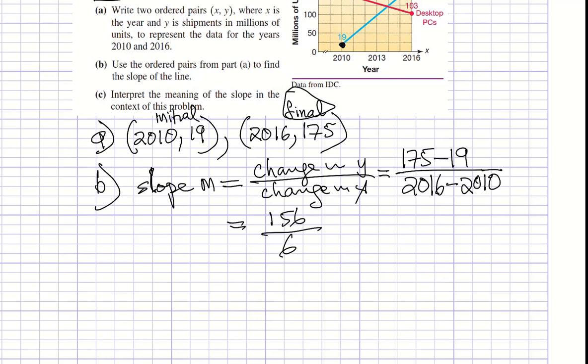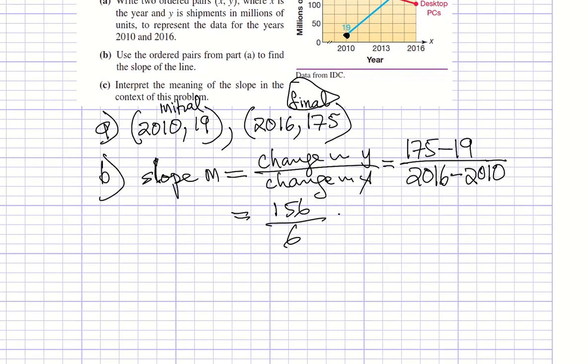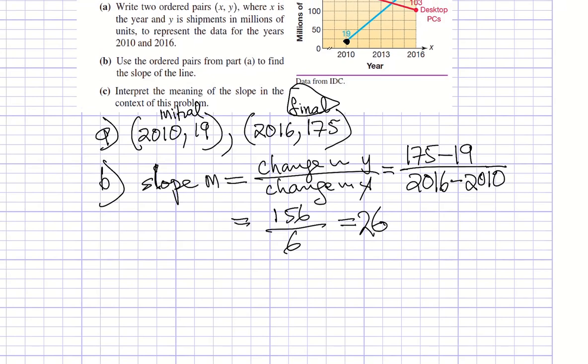So 156 divided by 6 gives you a nice number. It's 26. Now, that's the slope.